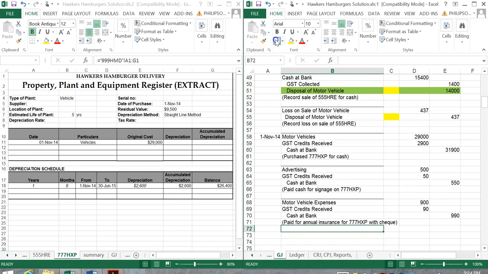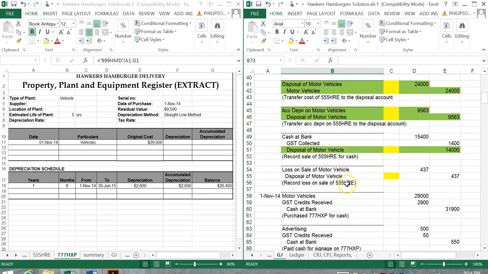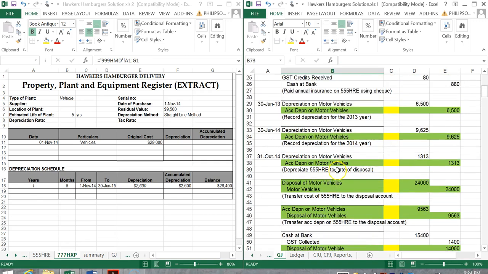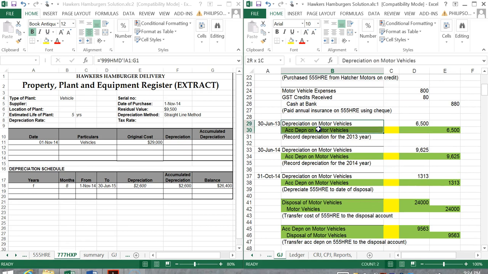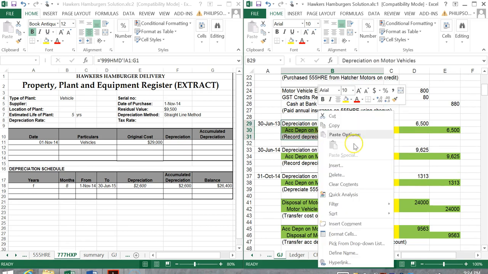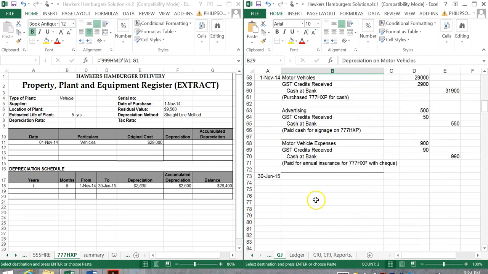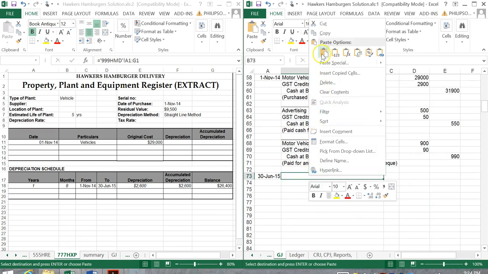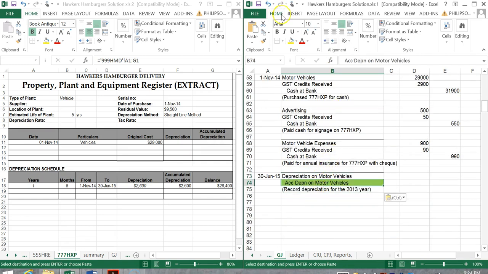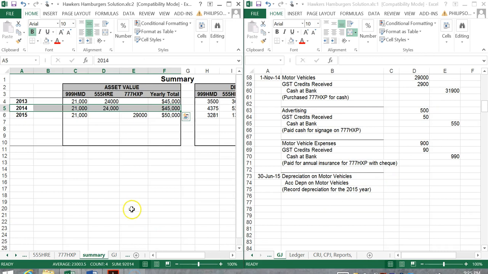One last journal entry. Okay, 30th of June, 15. Change this to 2015. Okay, and our summary, our depreciation.